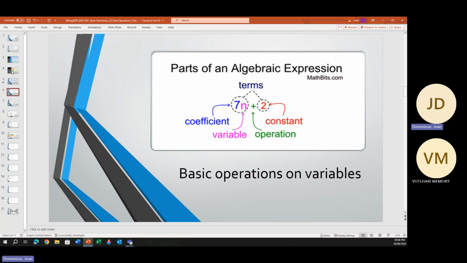One thing I want to show, and if you Google it you will see that sometimes they use different naming conventions, is this, so that if they give you a theory question asking what the 7 is called in this expression, or what the n is called, or what the plus is called, or what the 2 is called, you can mention it.